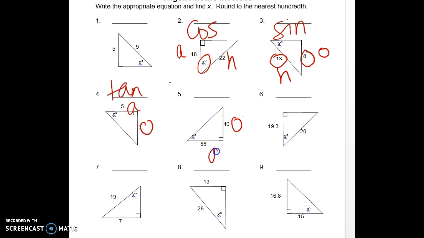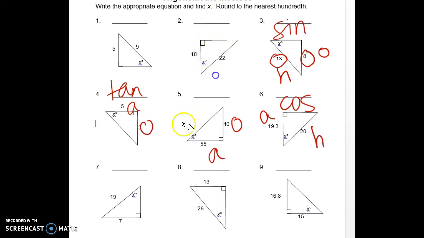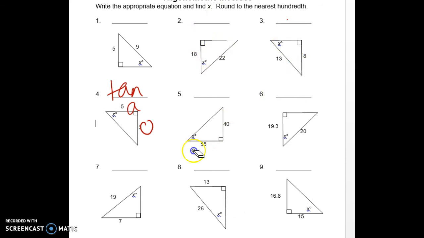Number 5, opposite adjacent, so tangent again. Number 6, adjacent hypotenuse, cosine. So again, similar to the other one, you just have to make sure that you are choosing the right one and putting them in the fraction correctly. Everything else is pretty self-explanatory.